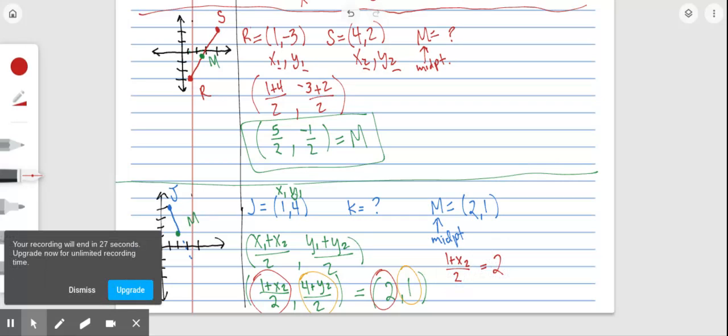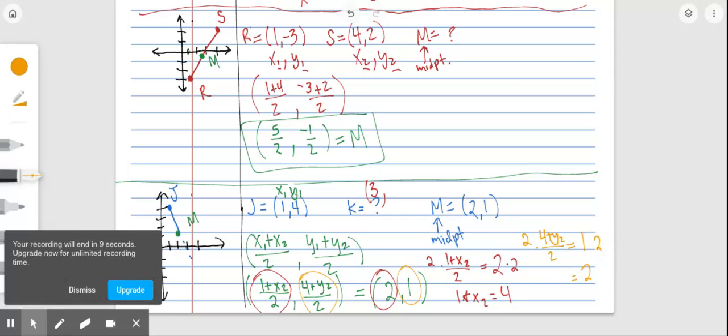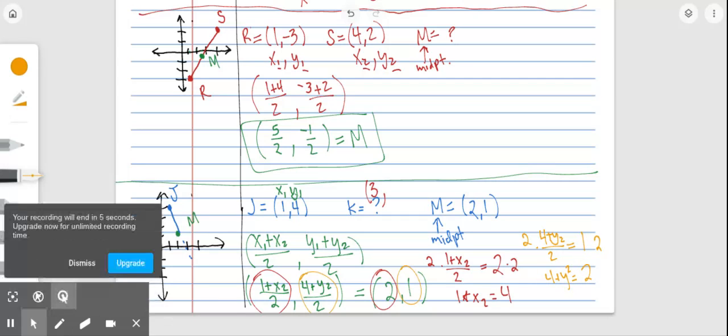So then I multiply by 2. I get 4 equals 1 plus x2, which means x2 equals 3. Okay, then I do the other side. 4 plus y2 divided by 2 equals 1, times 2. I get 2 equals 4 plus y2, which means y2 is negative 2.